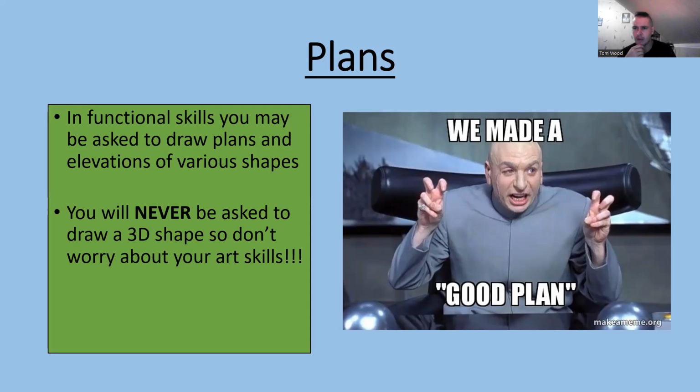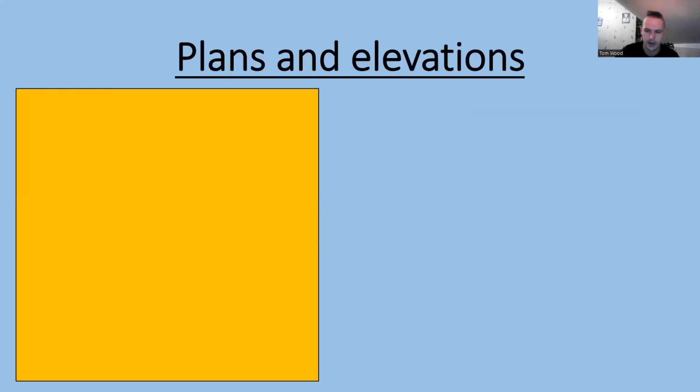On a recent paper, they asked for a sketch of a cylinder. But that's as far as it goes, doing a little sketch and maybe drawing the measurements on there. Given the dimensions, you don't have to draw a 3D shape using isometric paper, for instance. So you don't have to worry about that.